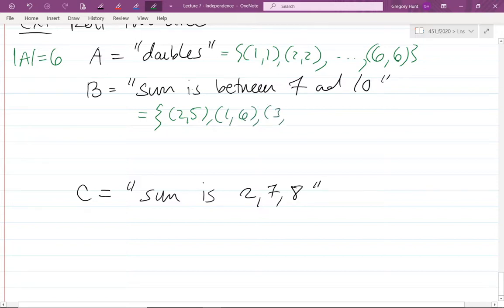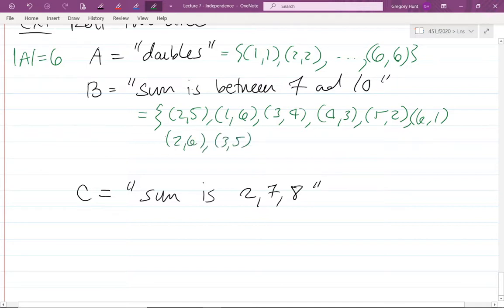I can get 3,4. 4,3. 5,2. 6,1. Those are all the 7s. I could get 8, which is what? 2,6. 3,5. 4,4. 5,3. 6,2.